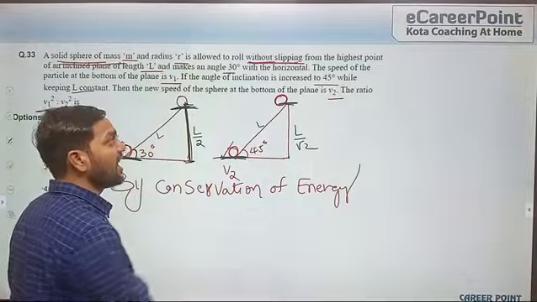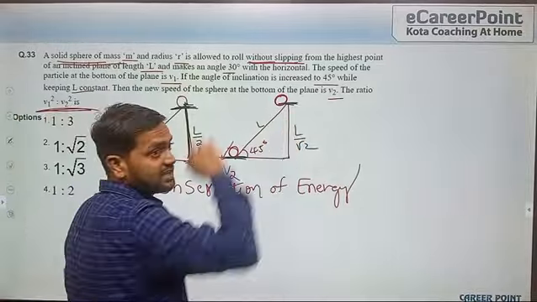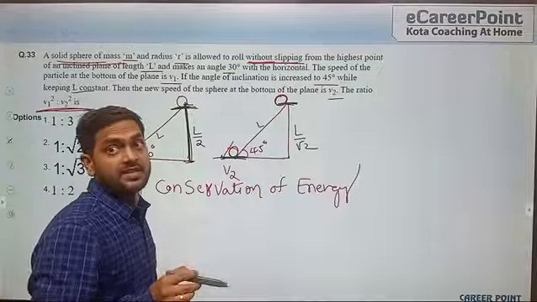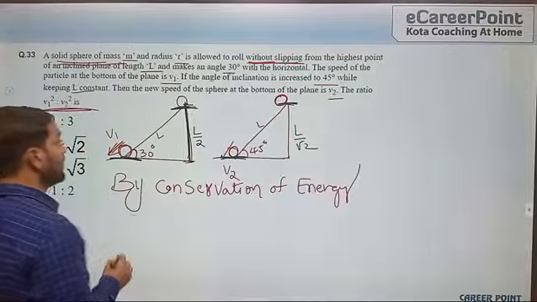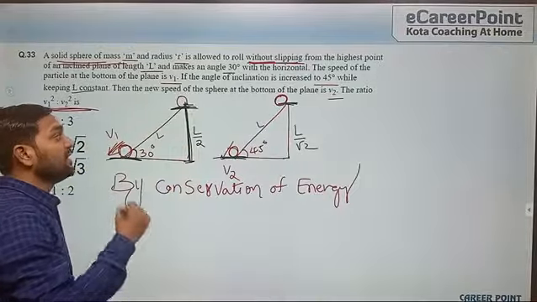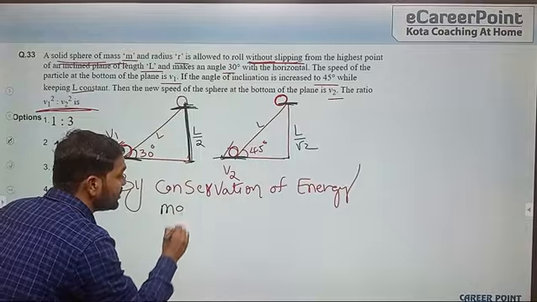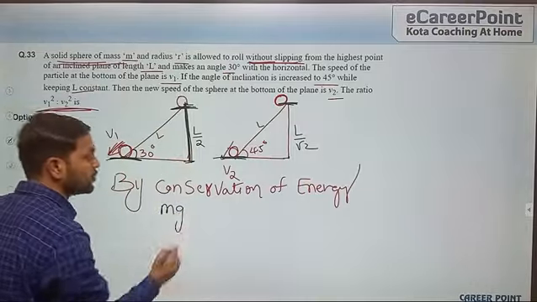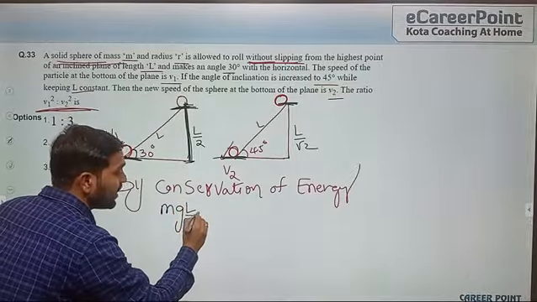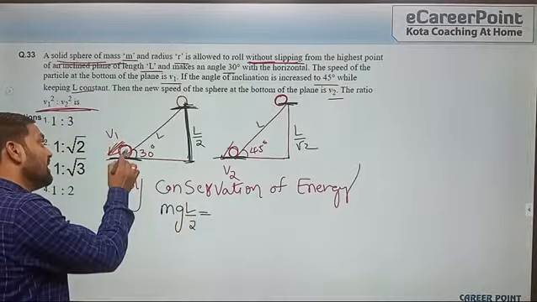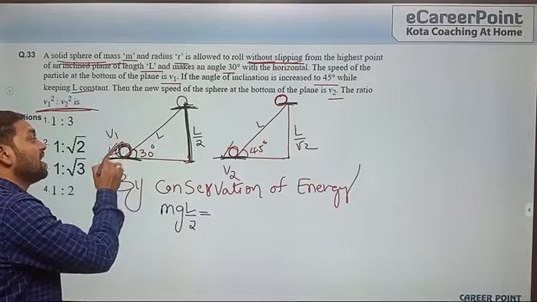At this point the potential energy is mgh, and the h value is L by 2. And here we are going to get the kinetic energy.